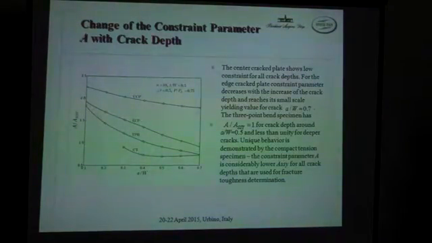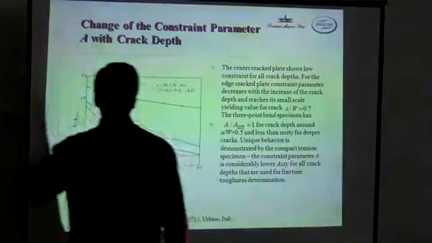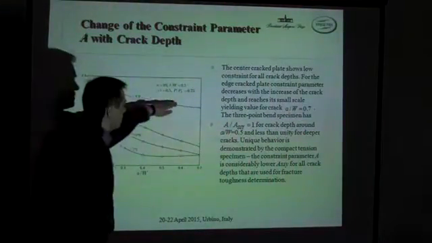Now I would like to show you a final figure which reflects change of constraint parameter A with crack depth for different configurations of specimen and type of loading. It can be seen that the center crack plate shows low constraint for all crack aspect ratio.